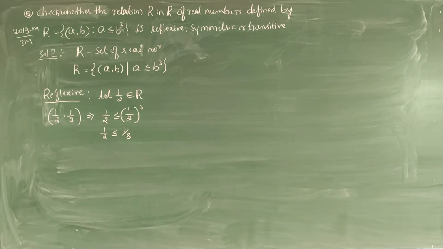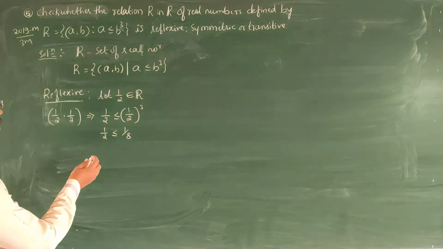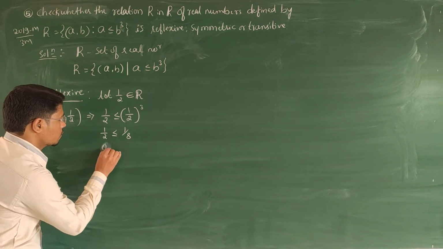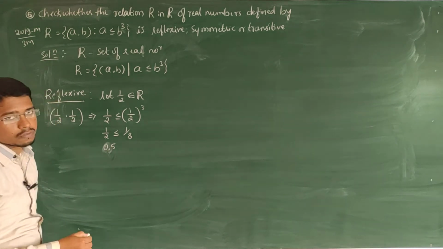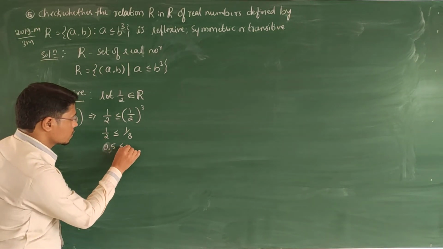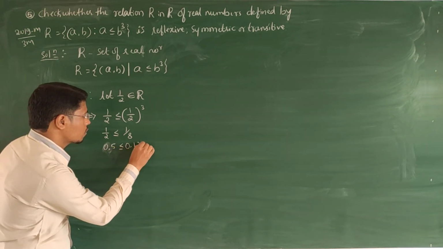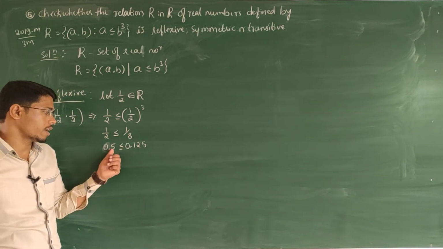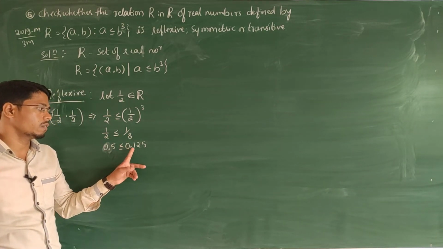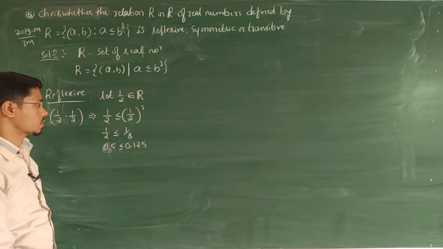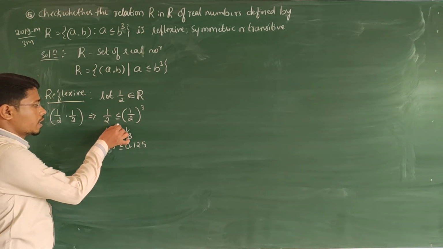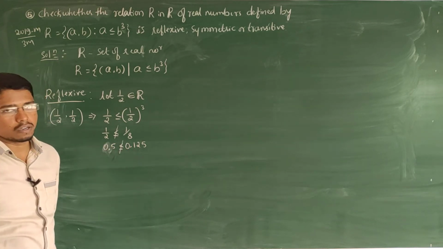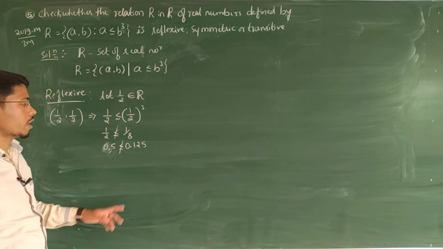1 by 2 is 0.5, and 1 by 8 is 0.125. See, 0.5 is bigger than 0.125.